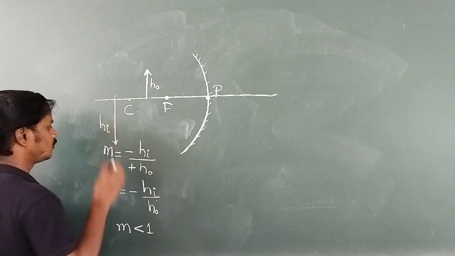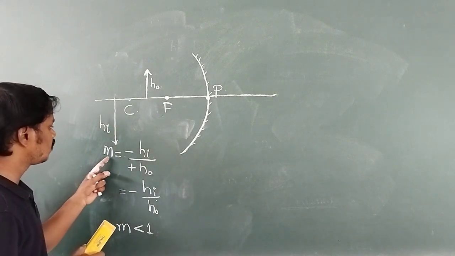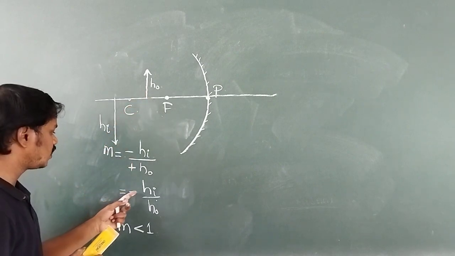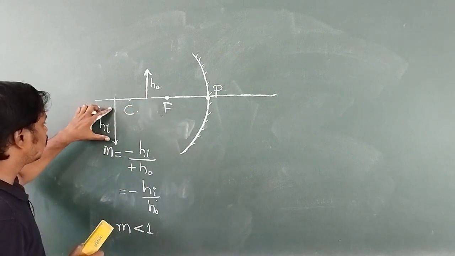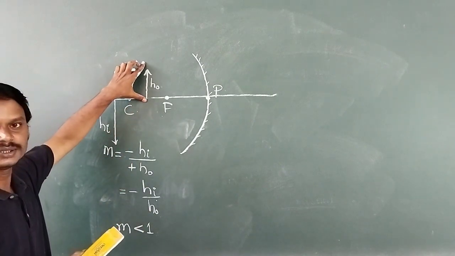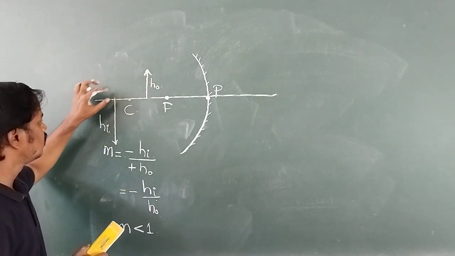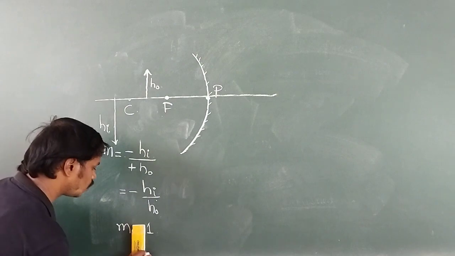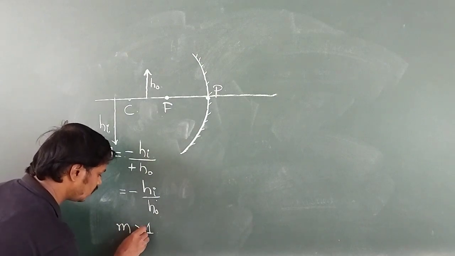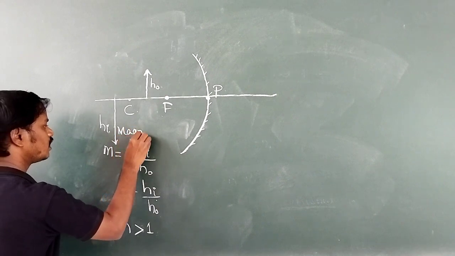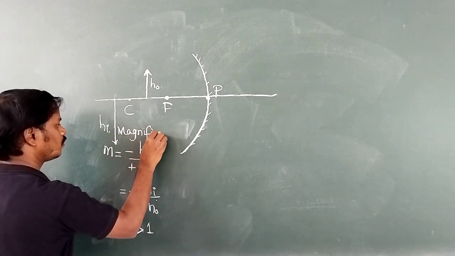Again, hi. So m is equal to minus hi divided by plus ho, that is minus hi by ho. But here hi is greater than ho, meaning the numerator is greater than the denominator. Hence the magnification is greater than 1, and the image is said to be magnified.